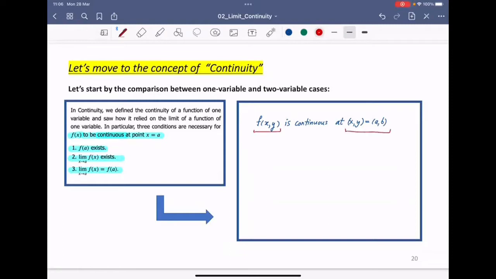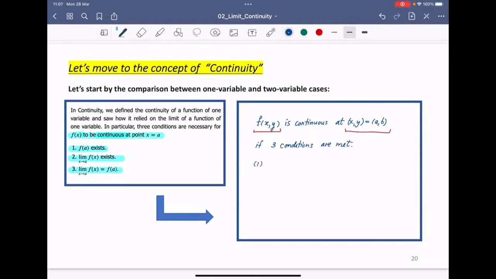The point that you have to focus on is an ordered pair (x,y), not just x now. And this is gonna be continuous if three conditions are met.